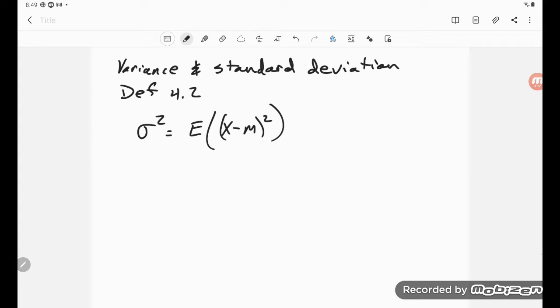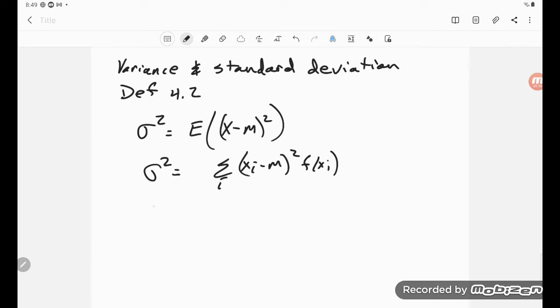Okay, so for discrete, we would have that sigma squared is equal to the sum over i's of x sub i minus m squared times f at x sub i.